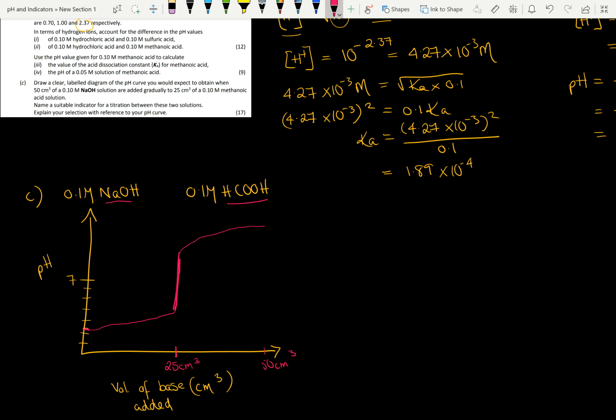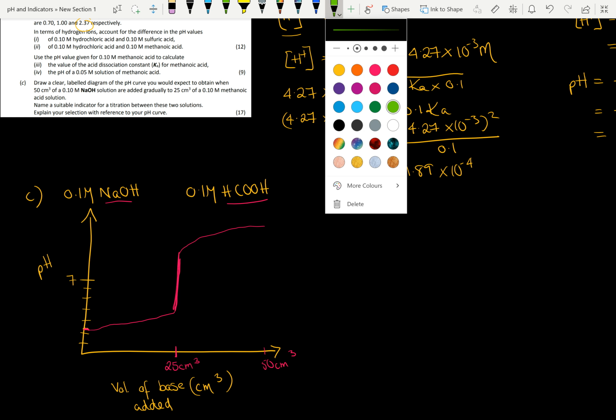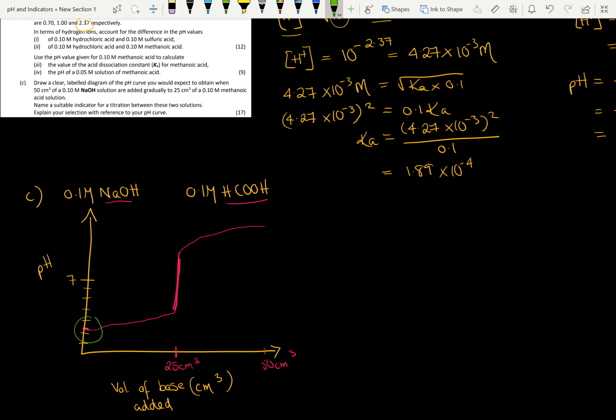Okay, so what are we looking for on this graph? We need to make sure that we have the correct starting point, so we start off at the correct pH. Now I know I'm only sketching it there. Yours will be a little bit better, but they're only asking us to draw the diagram. It doesn't have to be a work of art, as long as you have your pH starting at approximately 2.37.